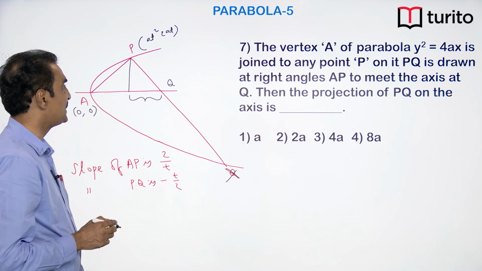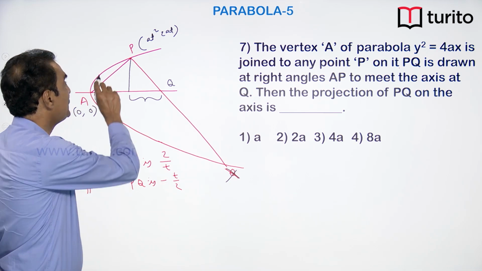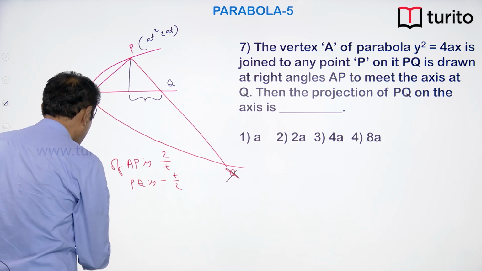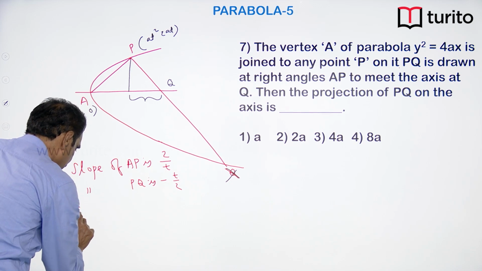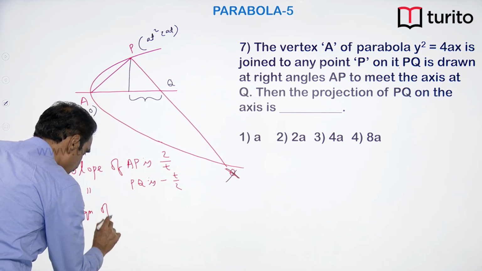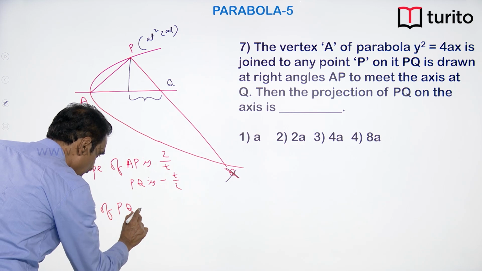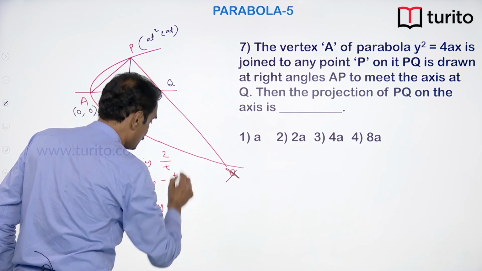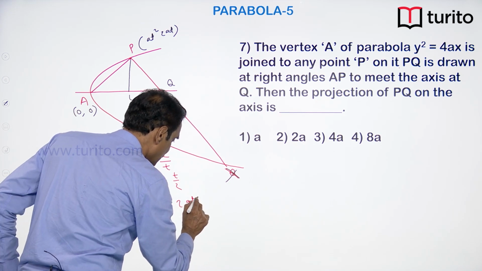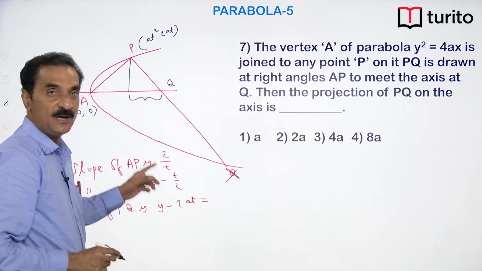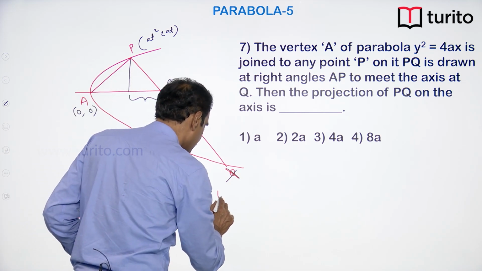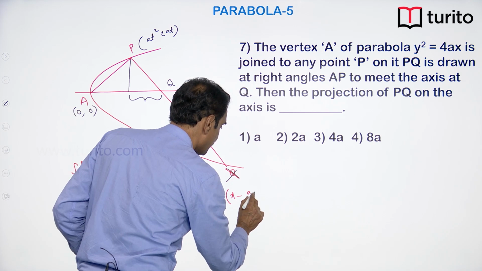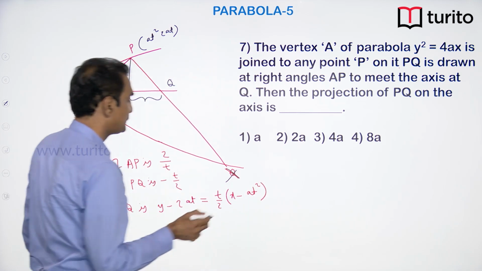To find this projection, write the equation of this PQ. What is the equation of PQ? y minus y1, y1 is 2AT, is equal to minus T by 2 into x minus AT square.